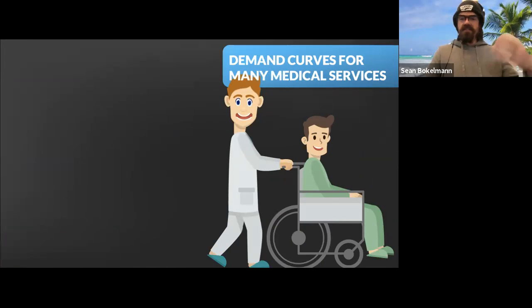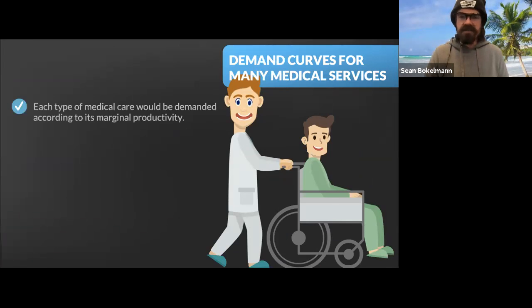So basically, the result of these adjustments gives us a couple of results. The first is that the demand for each type of medical care is going to depend on each type of medical care's marginal productivity, right?